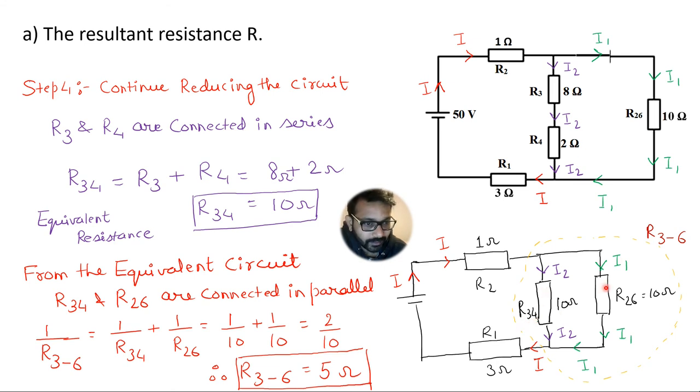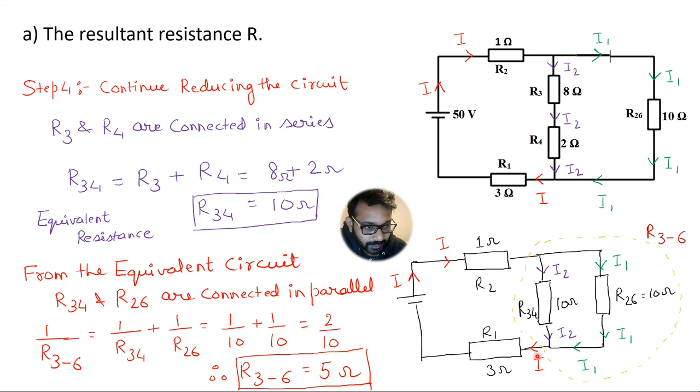So they are connected in parallel. If the same current is flowing through two components, they are connected in series. If different currents are flowing through two components, they are connected in parallel. So R34 and R26 are connected in parallel.